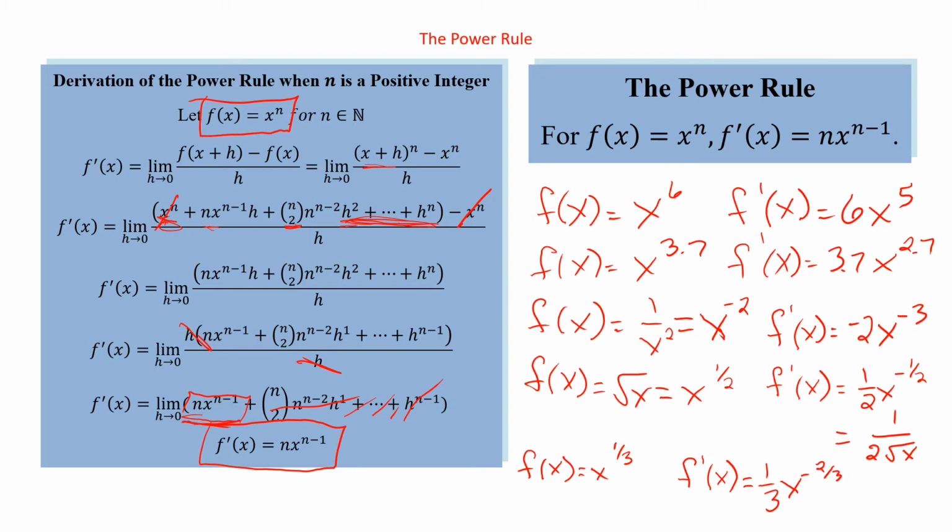Negative 2/3. Right? It's a common mistake. So when you're thinking about it, just remember, you're always subtracting 1. So just taking a look at that, in that very brief span, we did 1, 2, 3, 4, 5 derivatives. These go fast. So that's power rule.